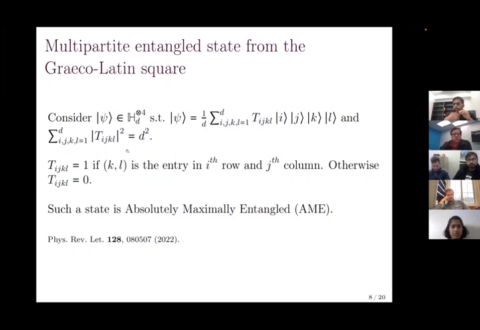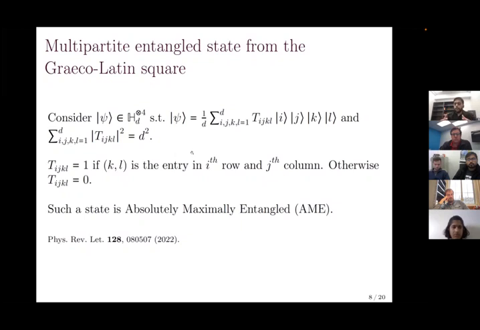Basically, each element in an orthogonal Latin square is an ordered pair of numbers, right? So we say that T_ijkl is 1 if kl is the entry of the ith row and jth column in the orthogonal Latin square, otherwise it is 0.